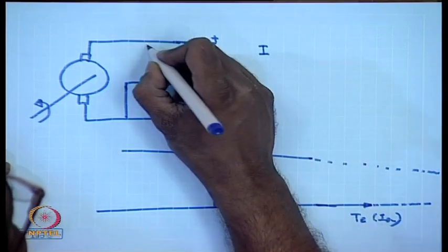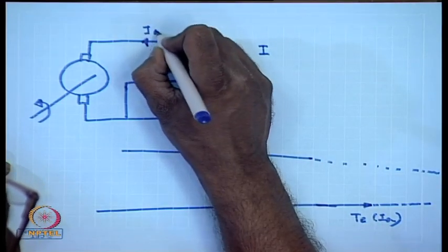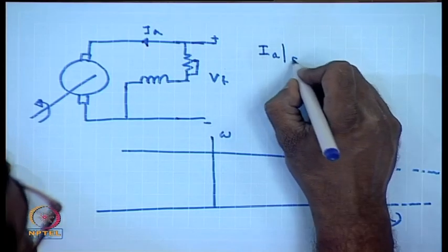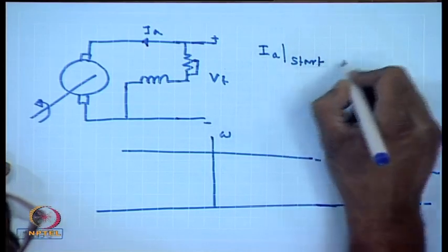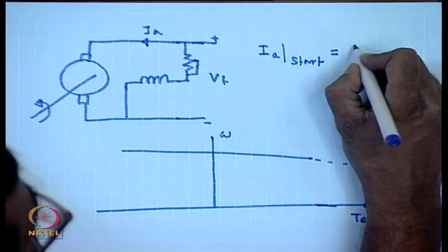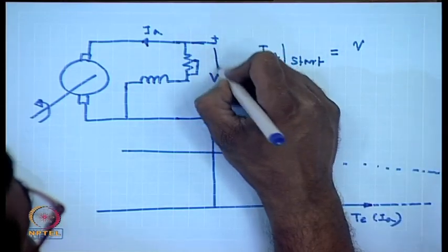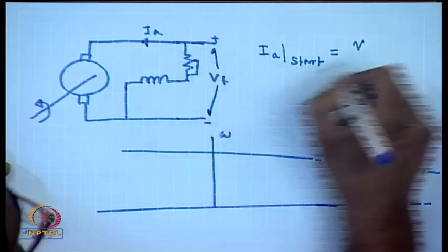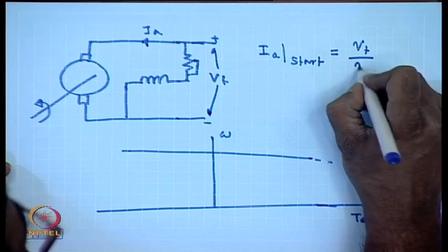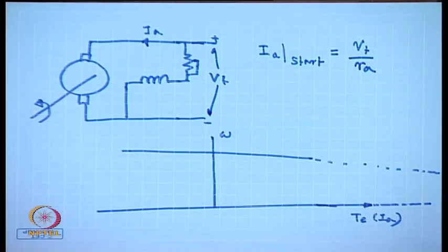So, the armature current I_a at start equal to V_t by R_a. Now, this R_a is a very small value, because if we want high efficiency at loaded condition, we cannot have a very large armature resistance.